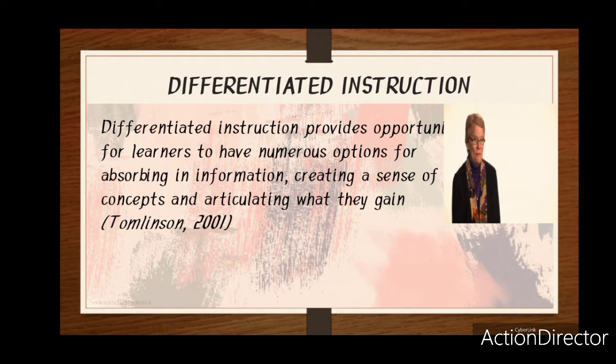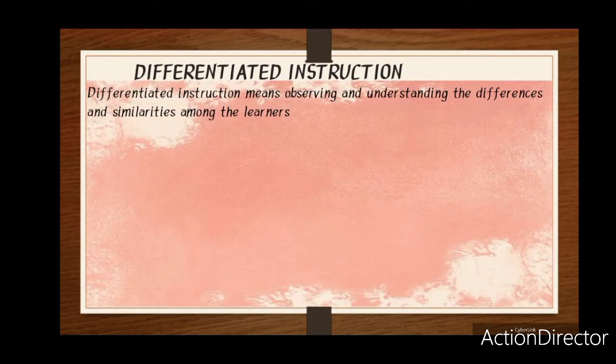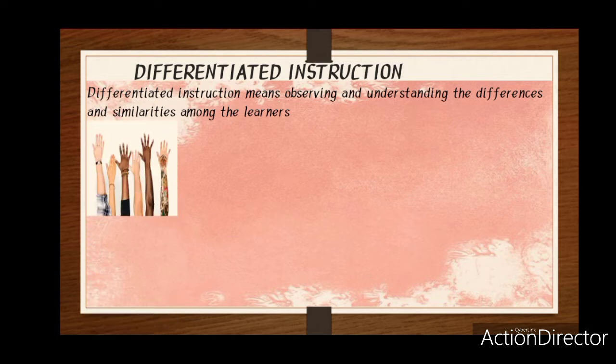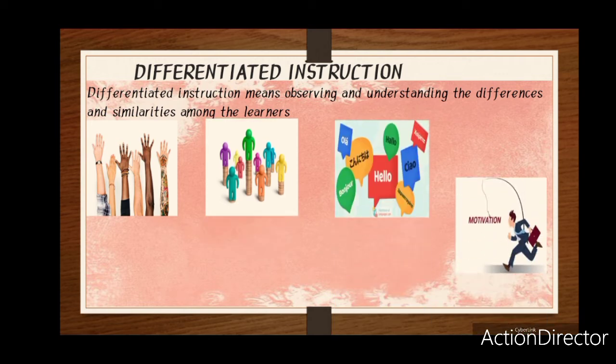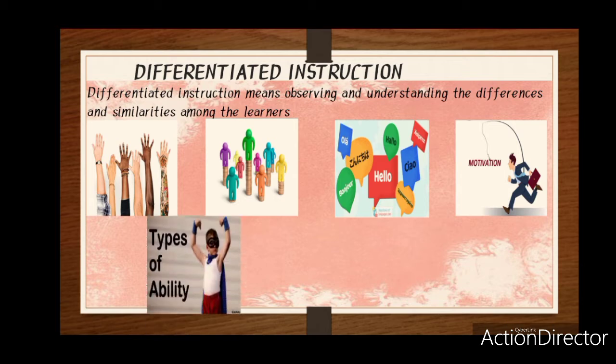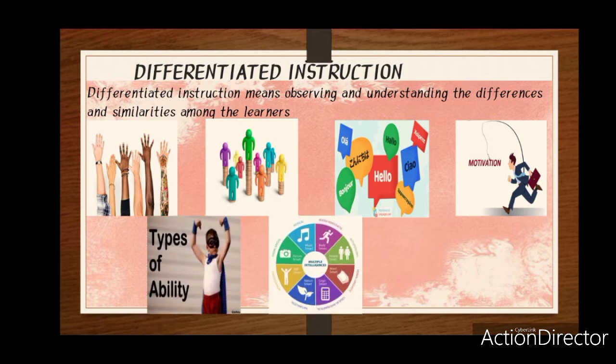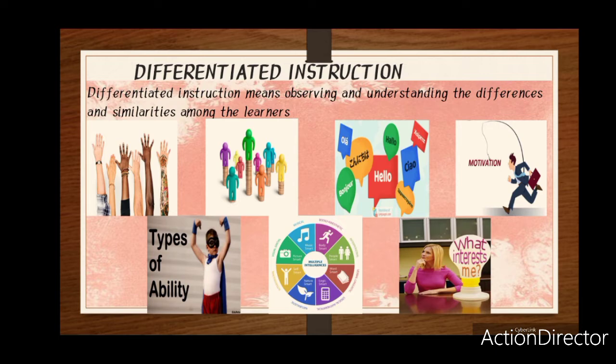Differentiated instruction provides opportunities for learners to have numerous options for absorbing information, creating a sense of concepts, and articulating what they gain, according to Tomlinson 2001. Differentiated instruction means observing and understanding the differences and similarities among the learners, such as in culture, socioeconomic status, language, gender, motivation, ability or disability, learning styles, personal interest, and many more.